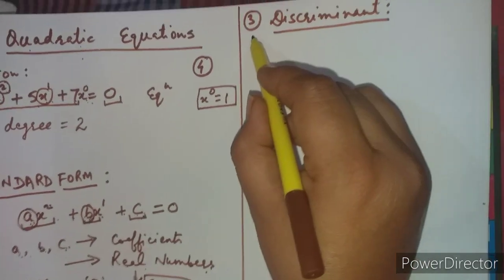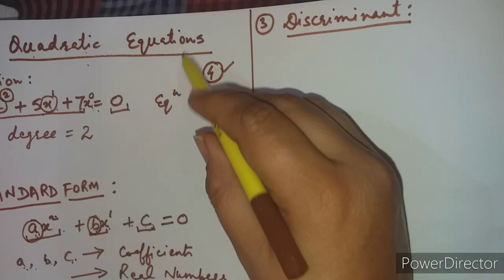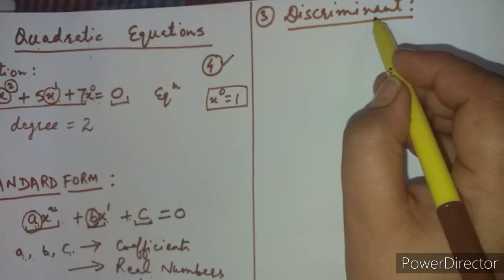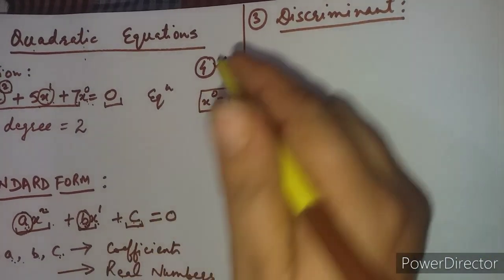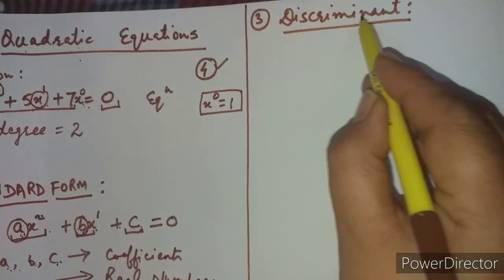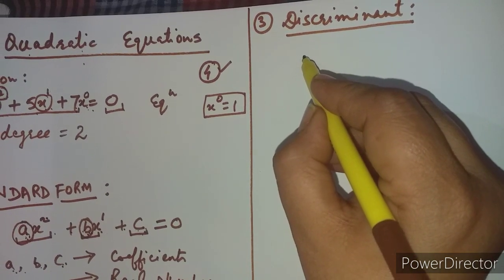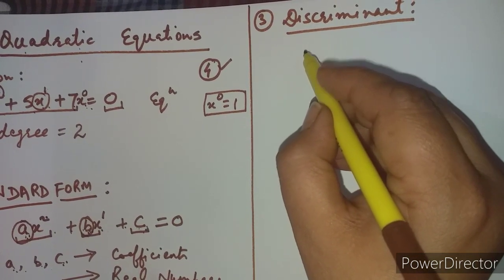Now the next important point about quadratic equations, I told I will take up 4 points, and out of those, the third important point is about the discriminant. Discriminant is the name of an expression only.